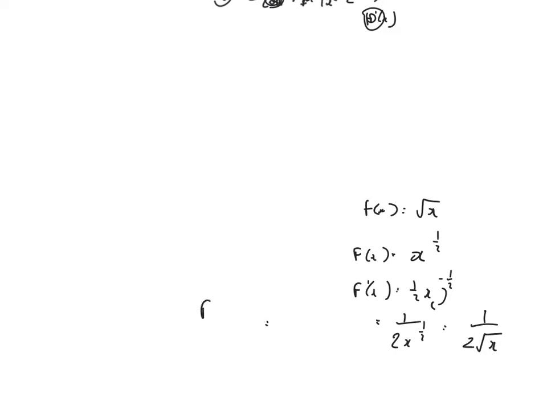And then sub in 1/4. 1 over 2 lots of the square root of 1/4. So square root of 1 is 1, square root of 4 is 2. 2 times a half is 1, so it's 1 over 1, and the final answer is 1, option D.